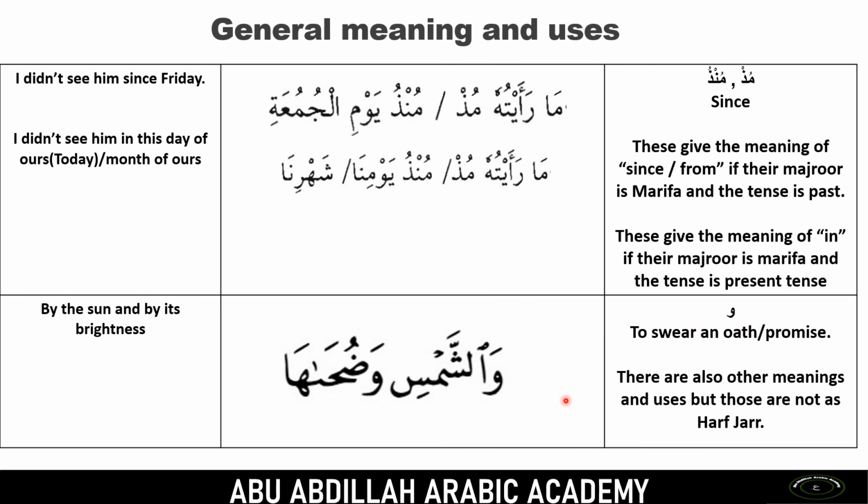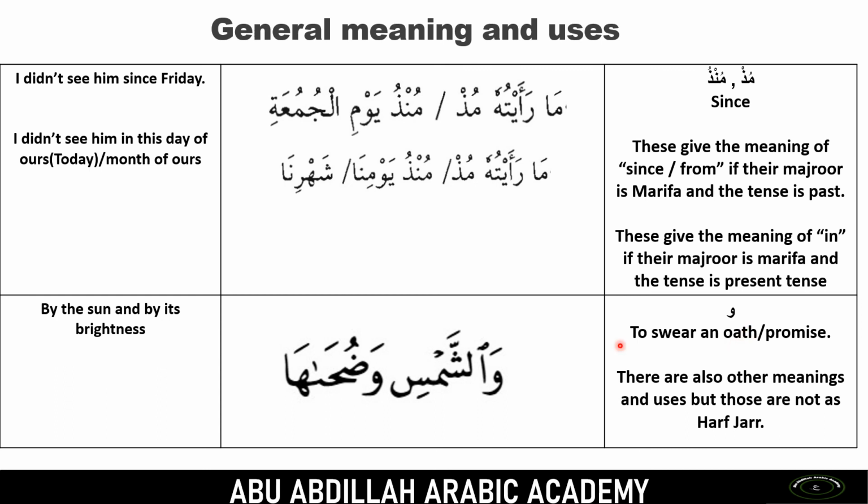Next we have wa. Now wa as a harful jar is used to swear, or to take an oath, or to promise by someone, just like ta and ba. But with ta we said that it is only used to promise by the name of Allah or Ar-Rabb, whereas ba can be used with other things as well.